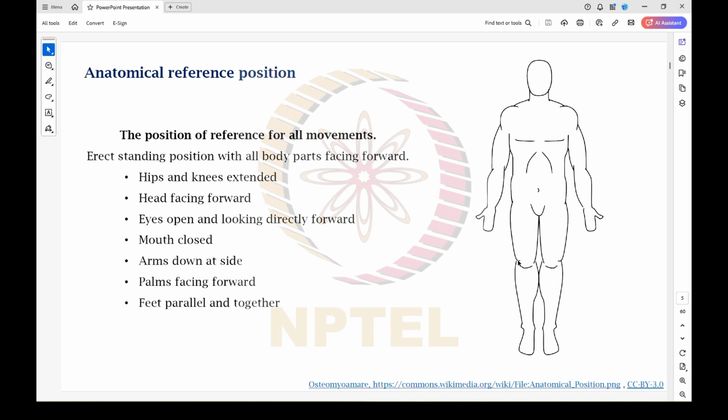The anatomical position is such that the human body is standing erect, hips and knees extended, head facing forward, eyes open and looking directly forward, mouth closed, arms down, palms facing forward, feet parallel together. This is the base reference position around which all the movements are gauged.